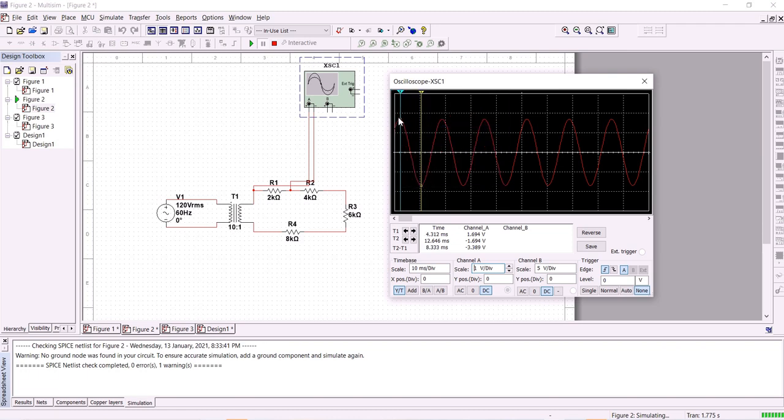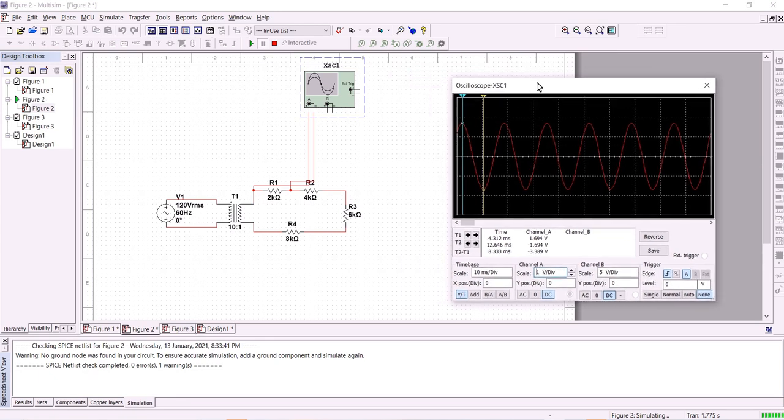At the Y max, for R1 the value is 1.694, so this is the voltage peak, and the voltage peak to peak is 3.389. So this is for R1, and for R2, R3, and R4, I use a quick method.